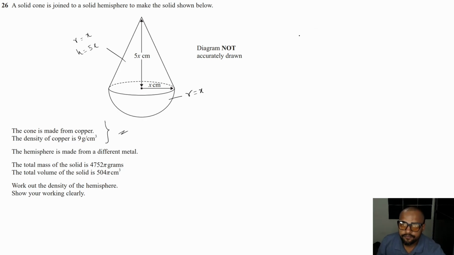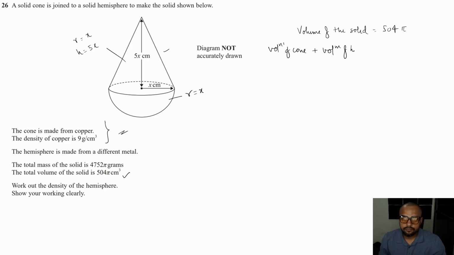So we know what will be the volume of this solid. The total volume of the solid is given as 504 pi centimeter cube. So the volume of the solid will be 504 pi centimeter cube. This solid is made up of a cone and a hemisphere. So the volume of a cone plus the volume of a hemisphere will be equal to 504 pi.